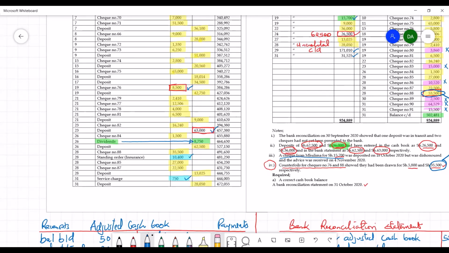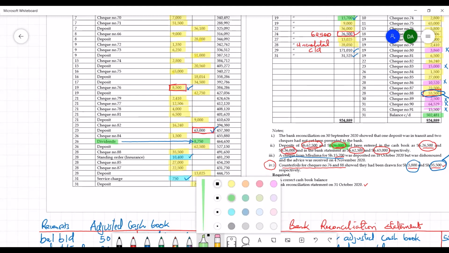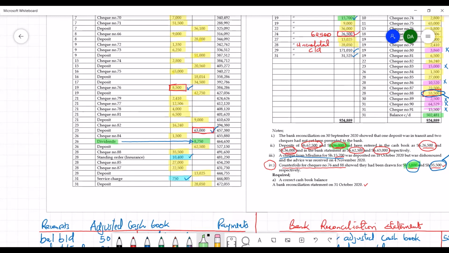We are told that check number 76 was supposed to be a check of 5,800, but this check was recorded as 8,500.